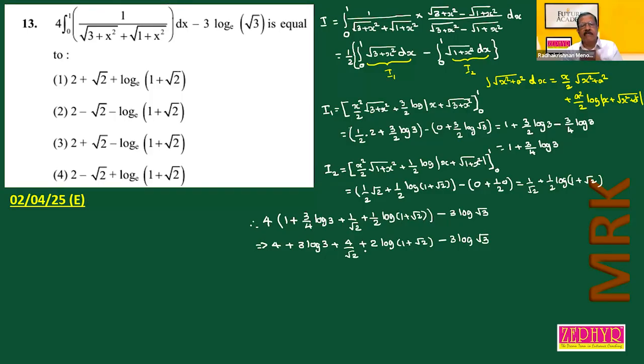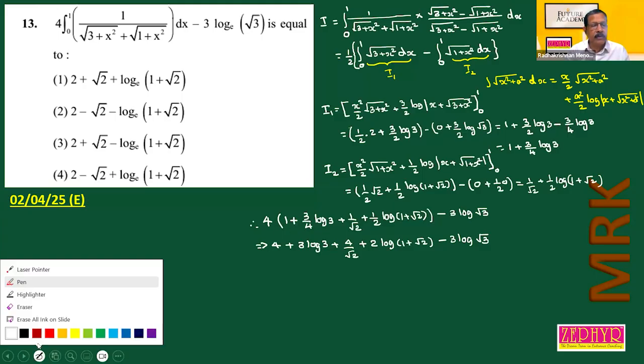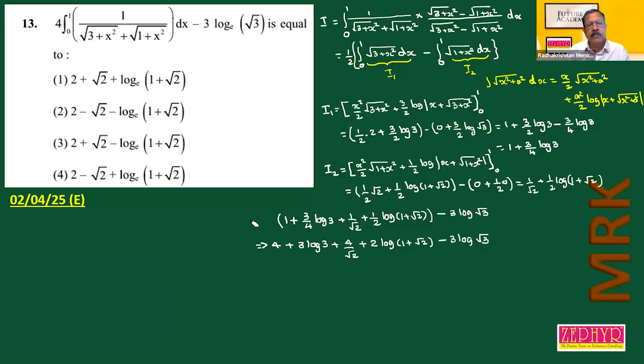Oh, sorry, there is 1 by 2 remaining. So here in the place of 4, here there is 1 by 2 also that I forgot. See, there is a 1 by 2 in equation 1.